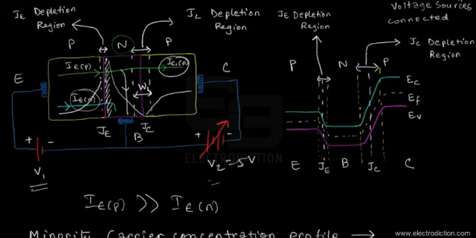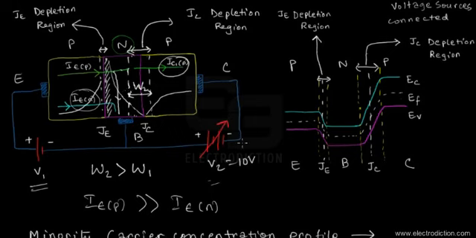Let's say 10 volts, we'll be seeing that the width of the depletion region would increase from the previous value to slightly more than the previous value. So we shall call this W2. We can see over here that W2 is greater than the first depletion region width across the collector junction, W1.